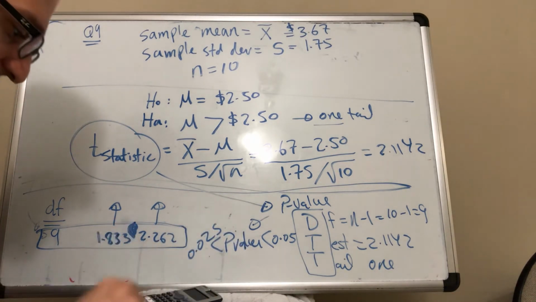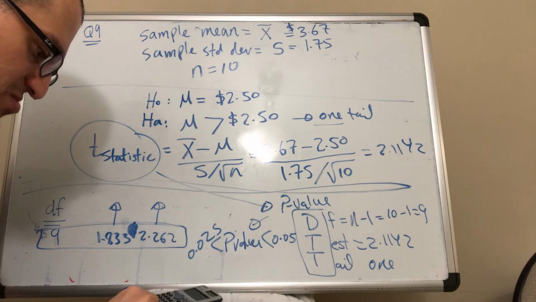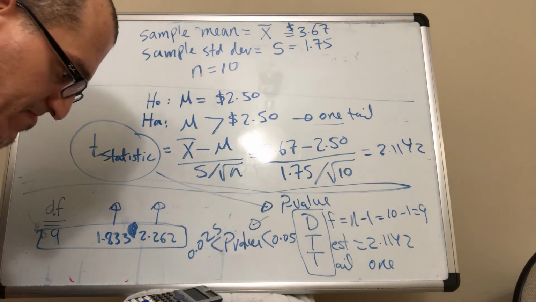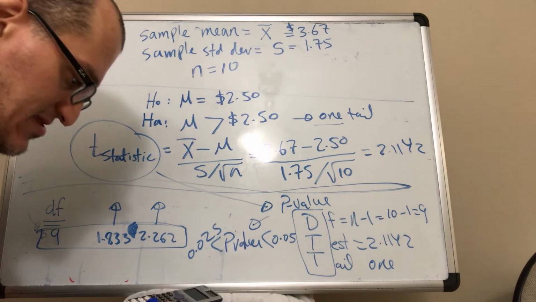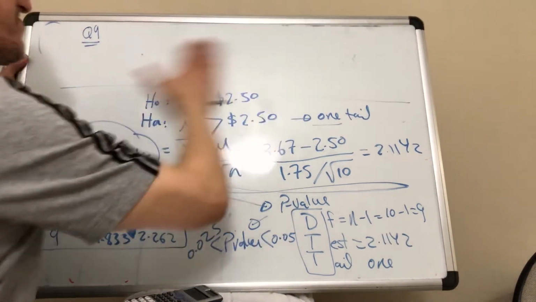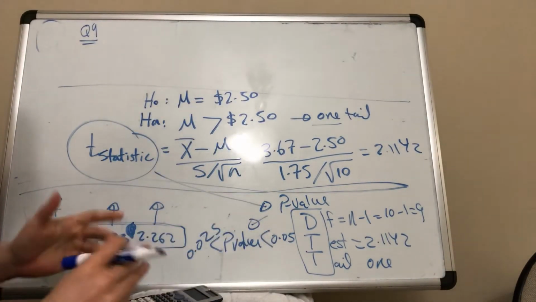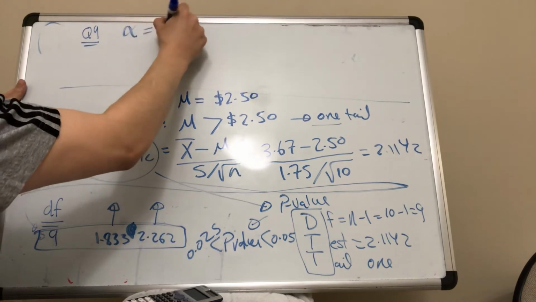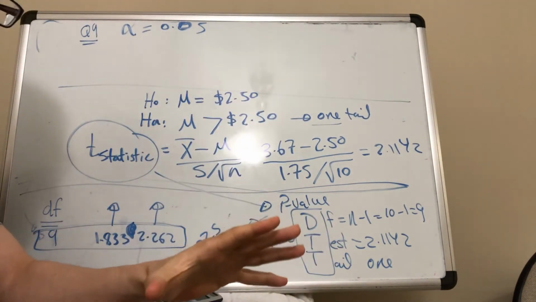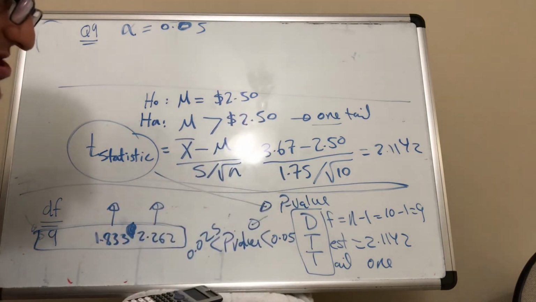So now you go back to your question. If that's your p-value, what's the conclusion? Now, once I know this is my p-value, remember, they give you, first of all, alpha of 5%. P-value less than or equal to alpha, reject H0, conclude HA.